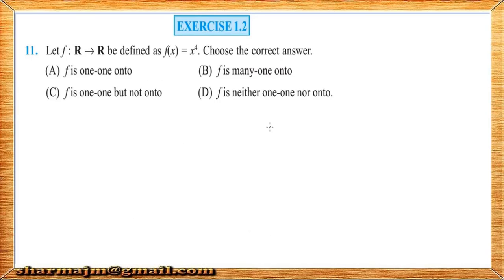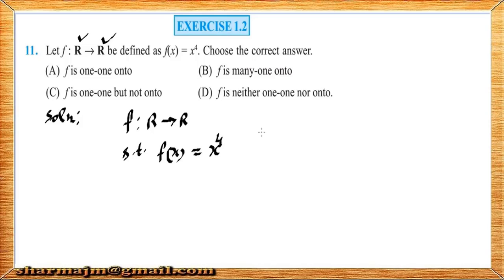Next, question number 11, solution. Here f is a function from R to R, that is real number to real number, defined as f of x is equal to x raised to power 4. So we have to check this function for the correct answer. So f is a function from R to R such that f of x is equal to x raised to power 4.